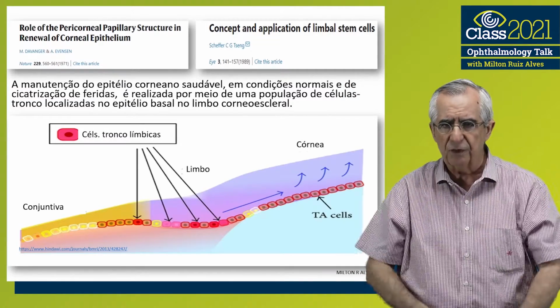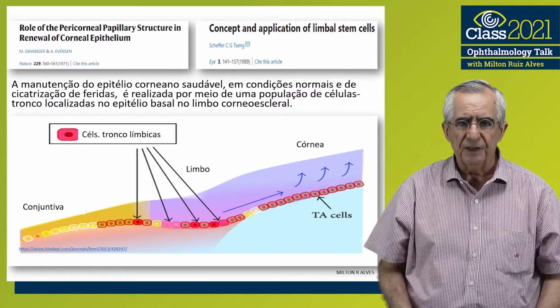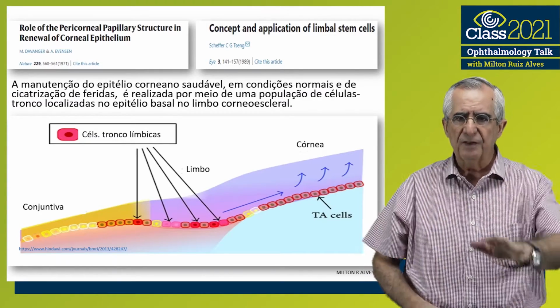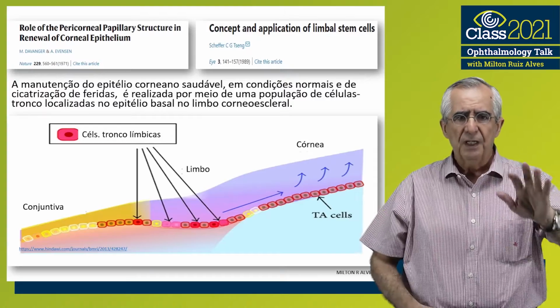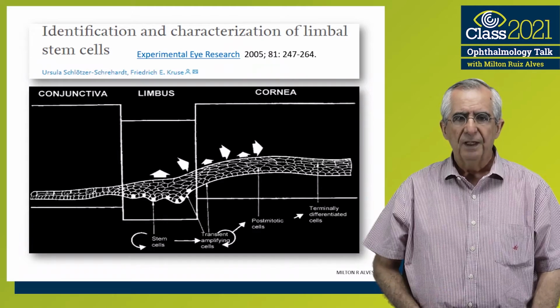Therefore, the maintenance of a healthy corneal epithelium under normal conditions and during wound healing takes place through this population of stem cells that are located in the basal epithelium in the corneoscleral limbus.